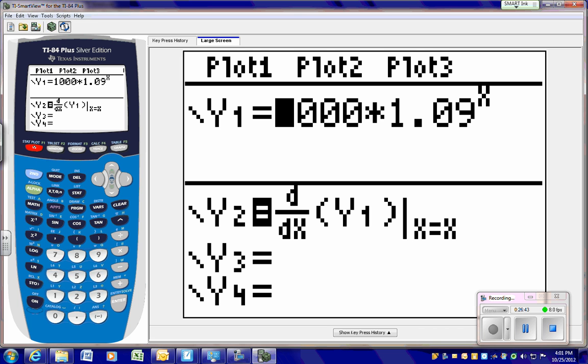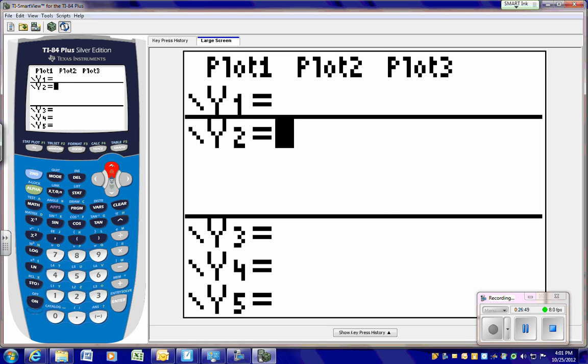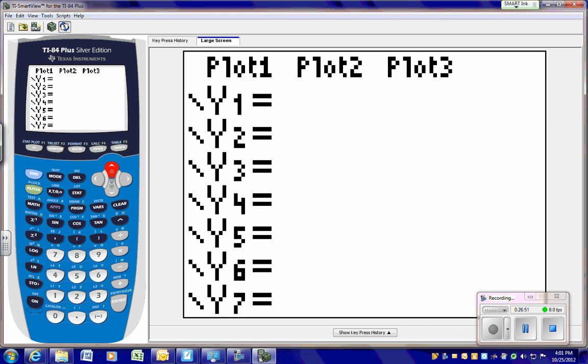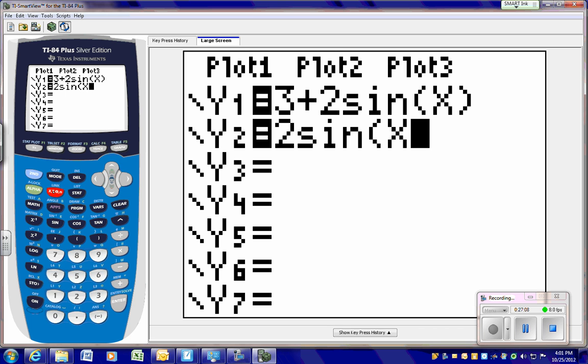You just go into your y equals menu like you usually would. Clear out any old junk that you have in there like I have. And then you're going to type in 2 graphs here and just see how they compare to each other. So 3 plus 2 sine x would be typed like that. And then below that, just without the 3, type 2 sine x.